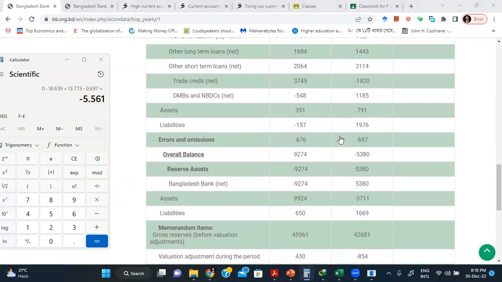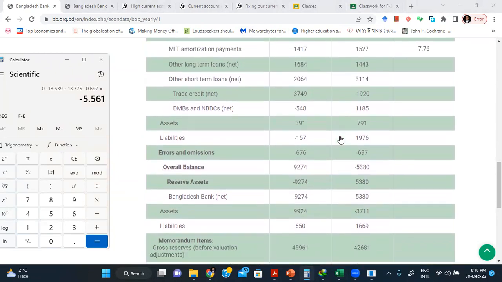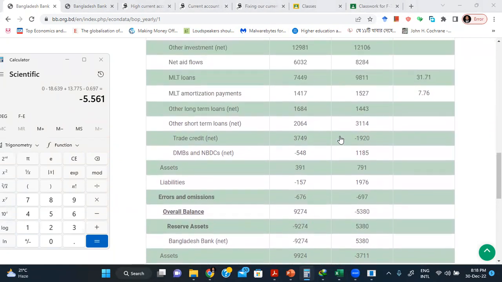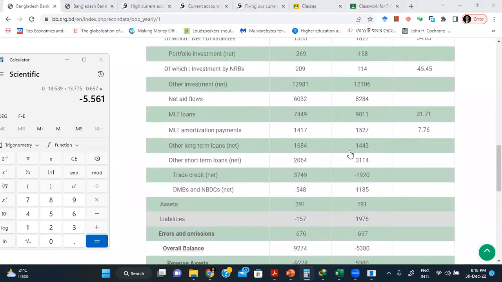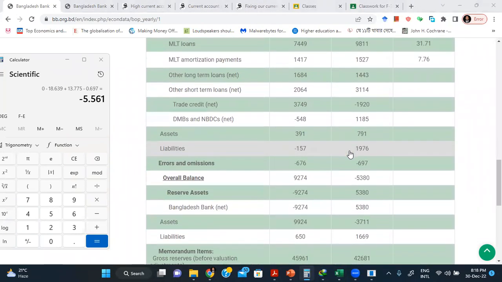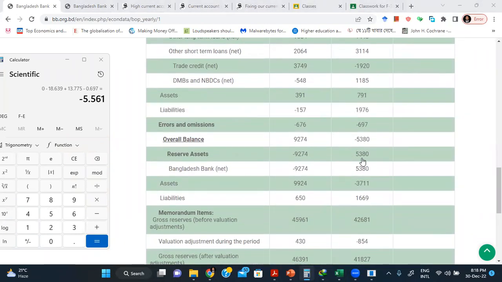I'm not going for detailed calculation, but let me show you that the amount of the increase in the official reserve is close to this one. You see 5.32, 5.38.